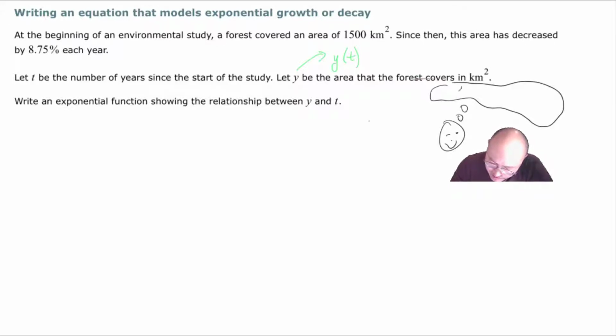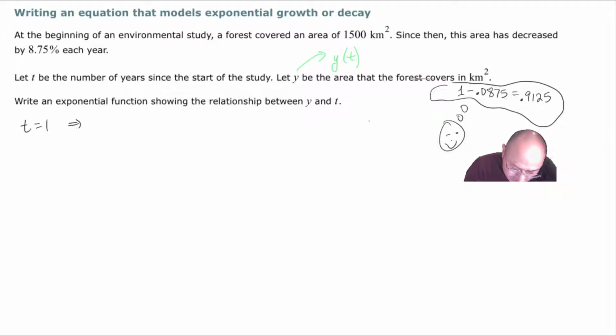Why don't we take 100% and take away the 8.75%. And what do we get? We get 0.9125. The decimal of 0.9125.